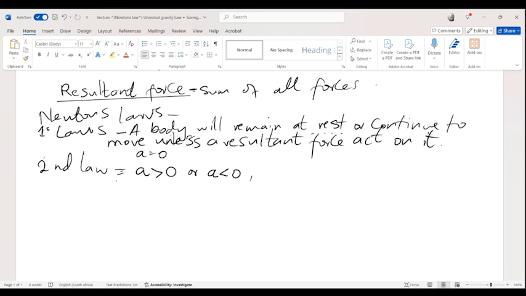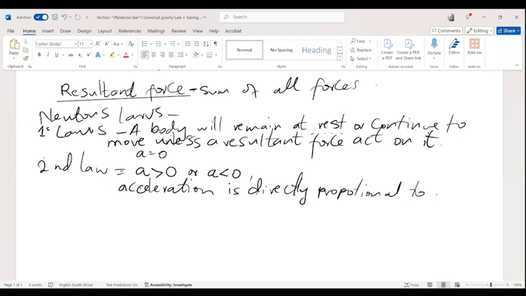It says the acceleration is directly proportional to the amount of force exerted to it.